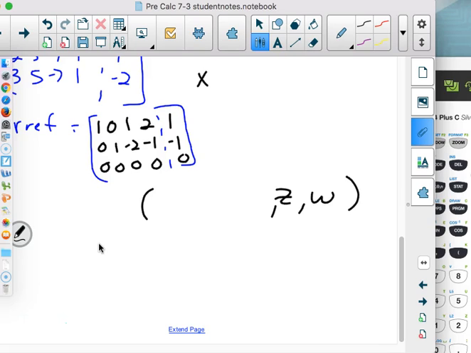It'll be X, no Y's, plus Z, plus 2W equals 1. So really what we just want to do is solve for X so that they can plug the numbers in.